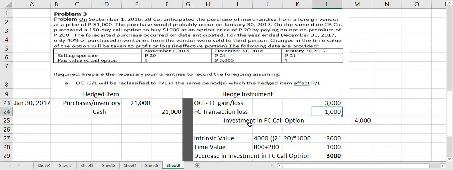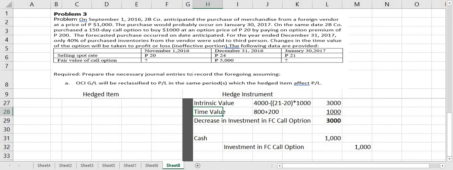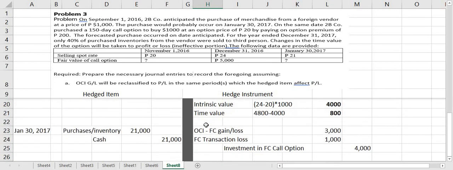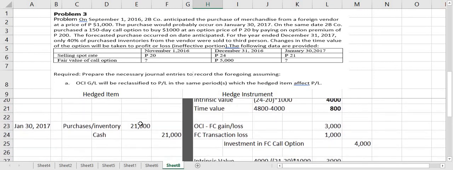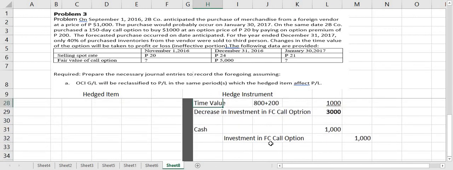So, therefore, the decrease of the investment for 4,000, 3,000 of that belongs to the decrease in the intrinsic value component, while the other 1,000 belongs to the decrease of the time value component.